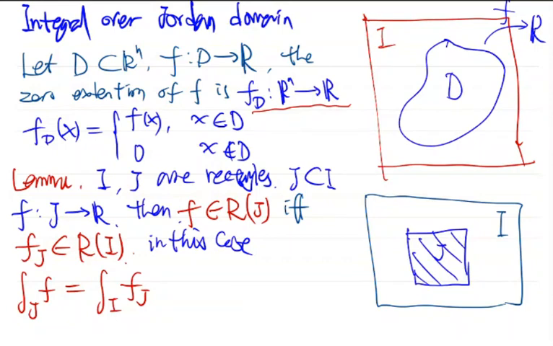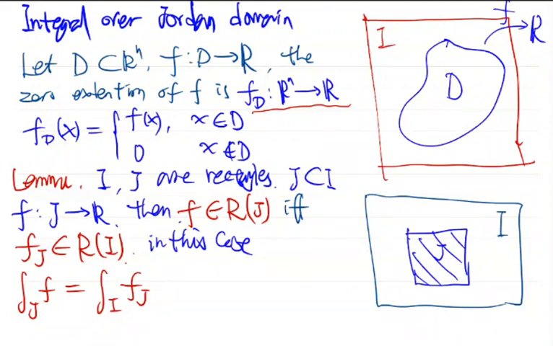And in this case, the integrals are equal: the integral of f over J equals the integral of the zero extension over I. Okay, so this is the lemma.